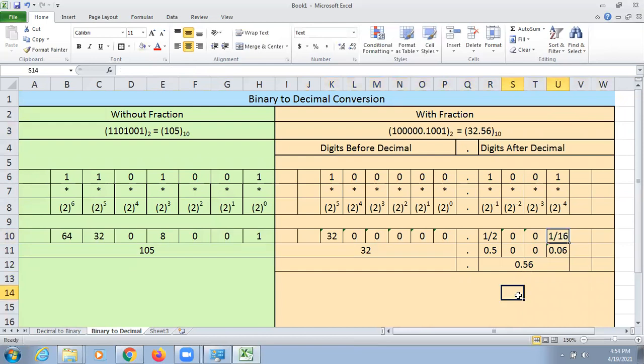32.56. Right? So what we did: the numbers before the decimal, we multiply with 2 raised to power 0, 2 raised to power 1, 2, 3, 4, 5. And the numbers after the decimal, we multiply with 2 raised to power minus 1, 2 raised to power minus 2, 2 raised to power minus 3, and 2 raised to power minus 4.